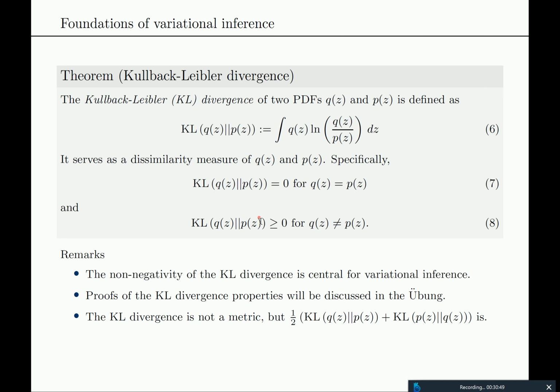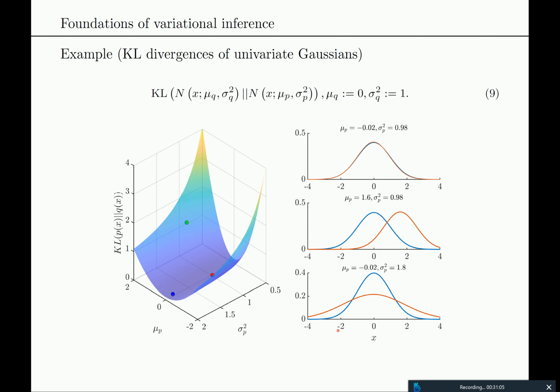And then you say, yes, it's not a metric. The way it was originally proposed was as a metric, but it's not symmetric. If you add the two, then you get a metric. From our perspective, the most important thing about the KL divergence is this notion of dissimilarity.